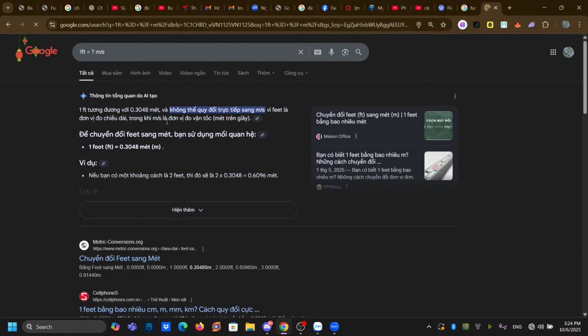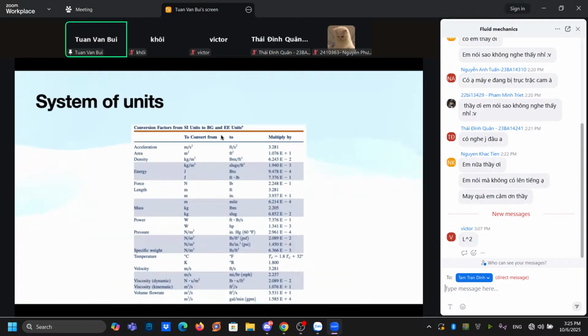In the textbook, you have the appendix that you can use directly for the conversion factor from SI unit to BG and EE unit. So you don't need to convert by yourself. Actually, you can do it by yourself, but you can use this quickly. Like the acceleration from SI to BG by multiplying with 3.281.